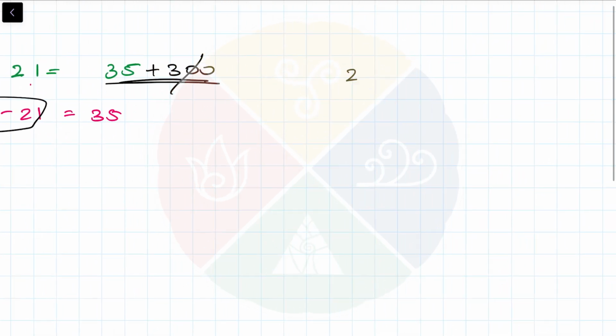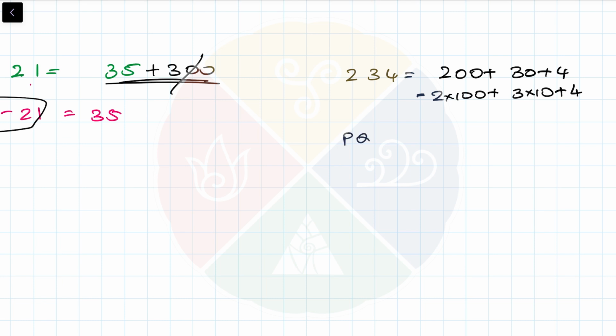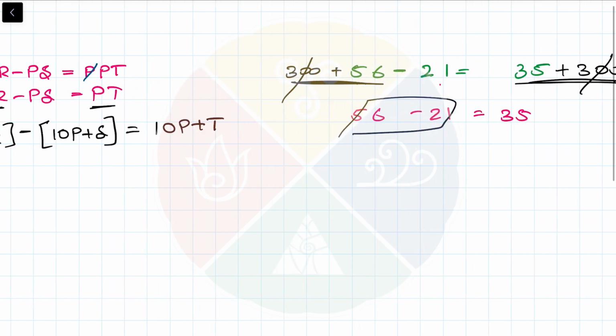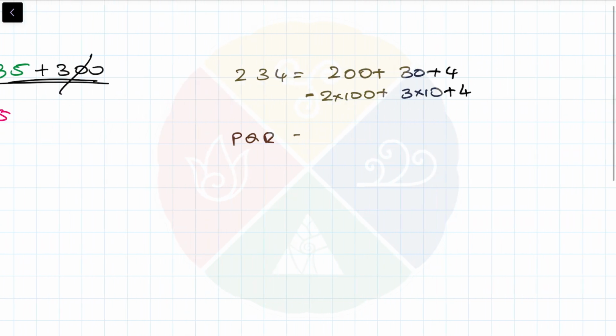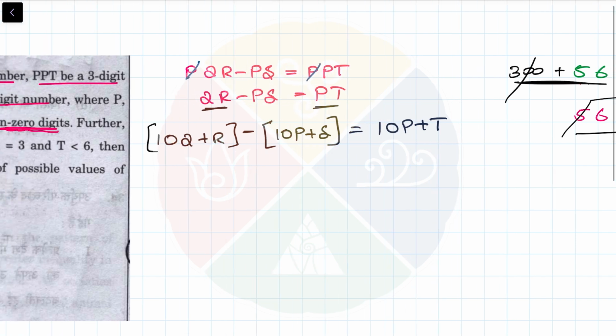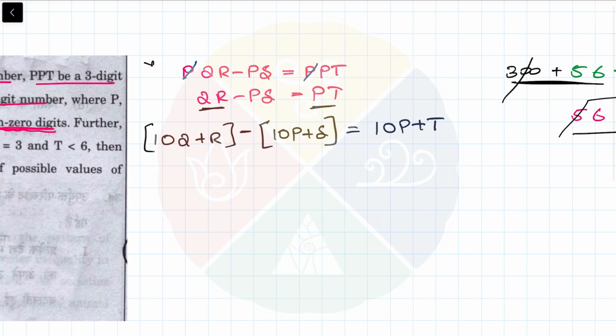That means if I am expanding 234, it will become 200 plus 30 plus 4, or 2 into 100 plus 3 into 10 plus 4 into 1. If I am expanding PQR, I am going to get 100P plus 10Q plus R in a similar manner. You can even do that in the first term. Still, it will eliminate 100 P's from both sides and become like this.